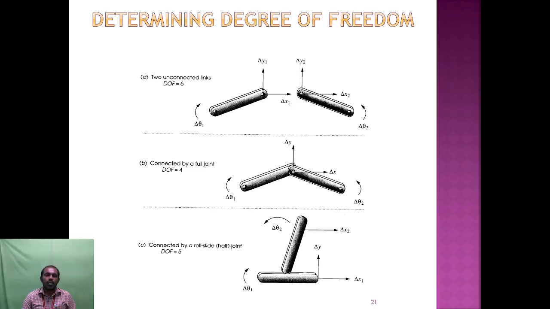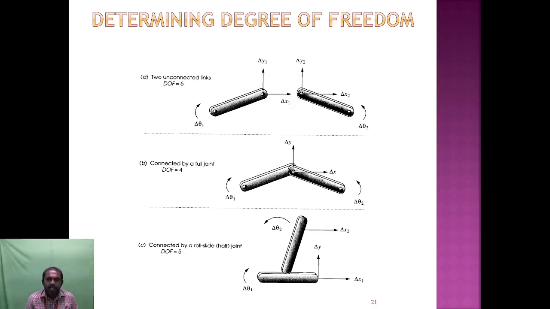So two linear motions and one rotation, 3 degrees. Another link, L2, has delta x2 and delta y2 for two linear motions and one rotation, delta theta 2. So the system has 4 translations and 2 rotations. Finally, it is 6 degrees of freedom for unconnected links.